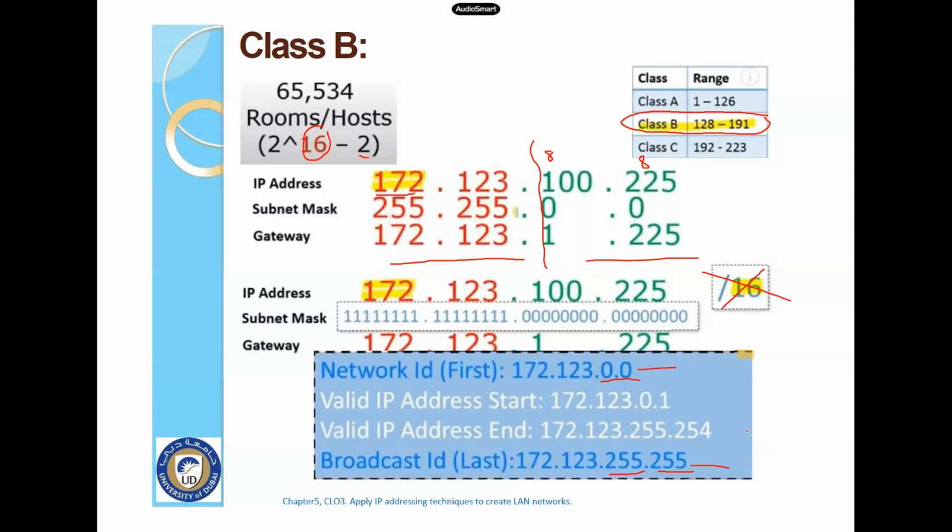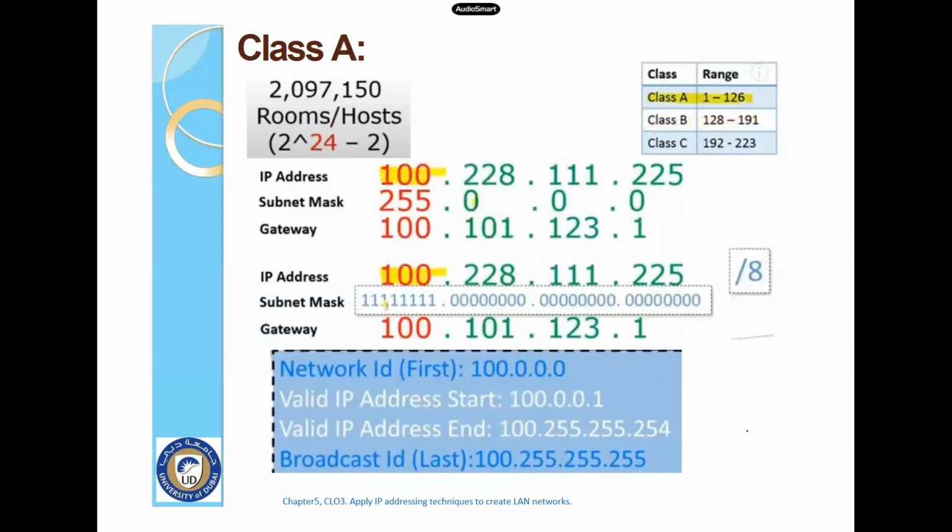So right after this will be class C, and as you may have all guessed, the network part is only 1 octet and the host part is 3 octets. My range here for class A is from 1 to 126 for the first octet. In this one, 2 to the power 24, because we have 8 bits as the host part 3 times.